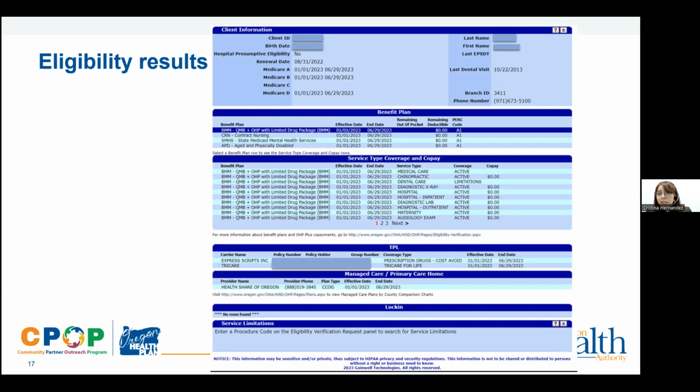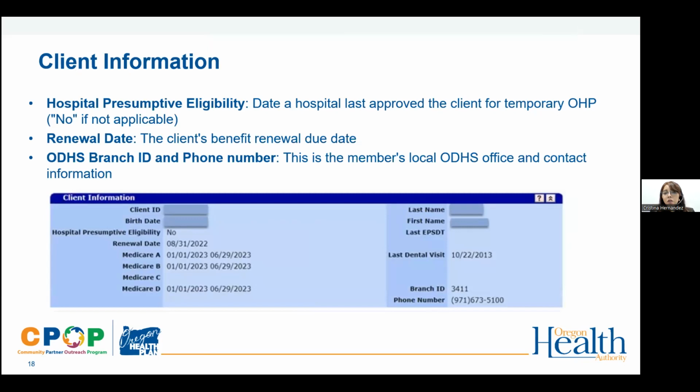The other thing that you'll see is it tells you when their last dental visit was. And on the right-hand side, it says branch ID. So that lets you know which local ODHS branch is assigned to that case. And then it'll also list the phone number for that case.